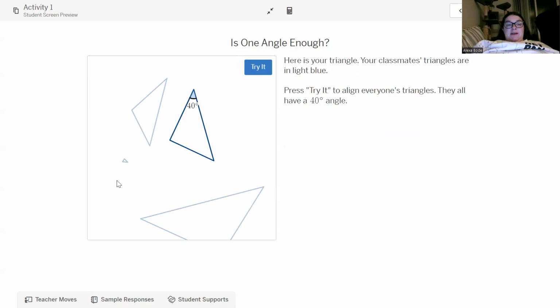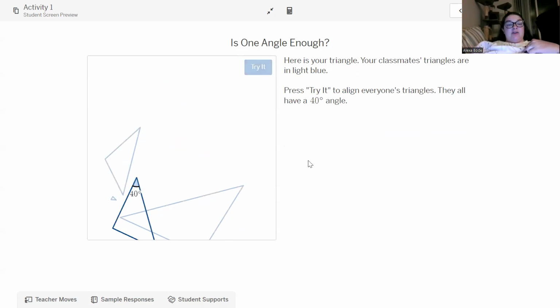So here are, again, other random ones where one angle is 40 degrees. You're going to have a whole group of triangles that your classmates made where at least one angle is 40 degrees. Again, it's going to align them up using translations, rotations, and reflections to make sure all of the 40-degree angles align, and we're going to see if they are similar.